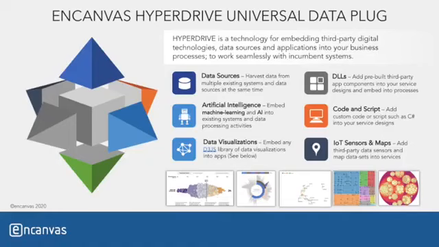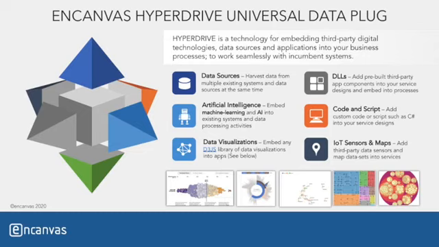One of the new features of Encanvas version 4 is Hyperdrive, and we're really excited about it. It means that business analysts can gain access to powerful third-party application building blocks and data sources to embrace the latest technology in their application designs.